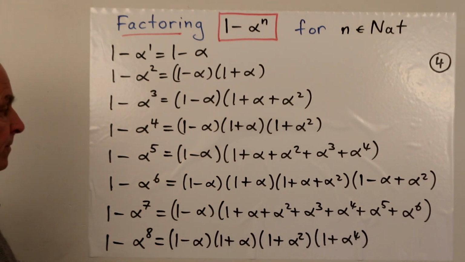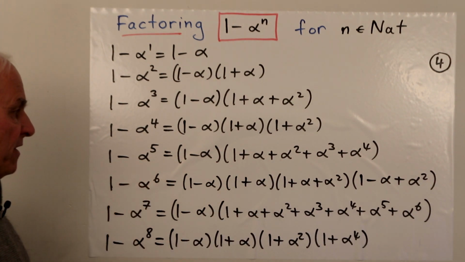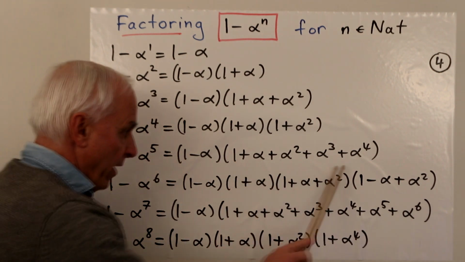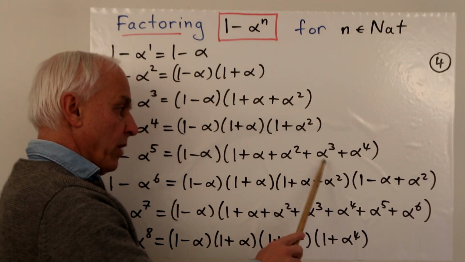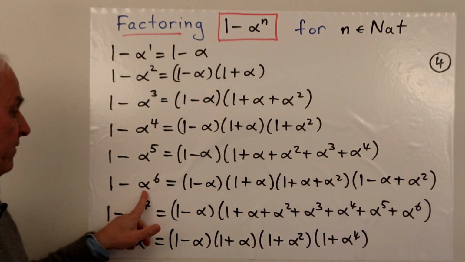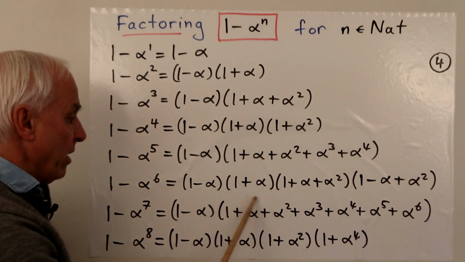When we get to 1 minus alpha to the 5th, something a little bit interesting happens. We get our standard factor together with this one, 1 plus alpha plus alpha squared plus alpha cubed plus alpha to the 4th. With 1 minus alpha to the 6th, we have our standard one and 1 plus alpha.